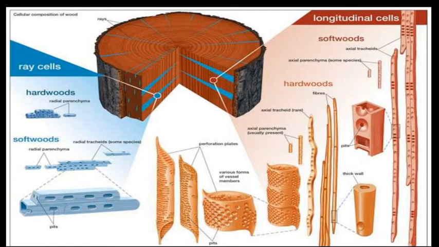while the orange to brownish color represents the wood, which possesses vessels. So these larger cells are nothing but vessels, and around the vessel there are small pits.